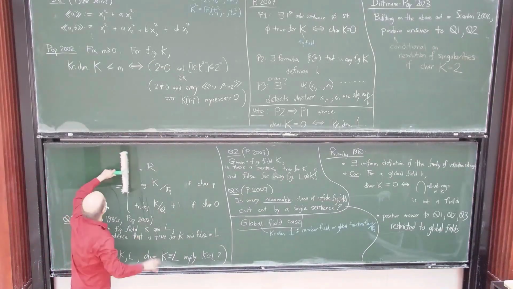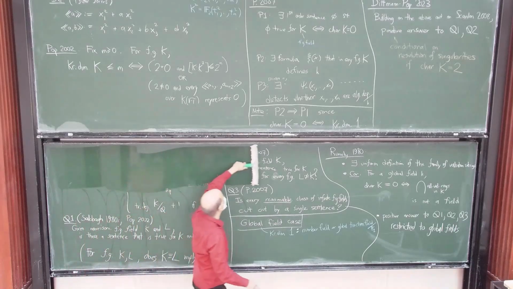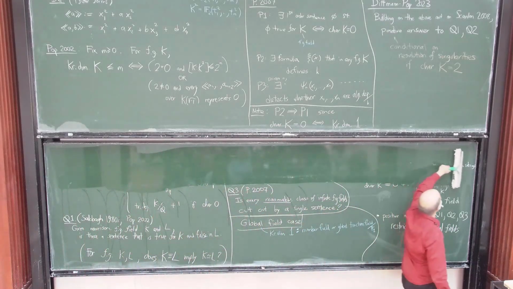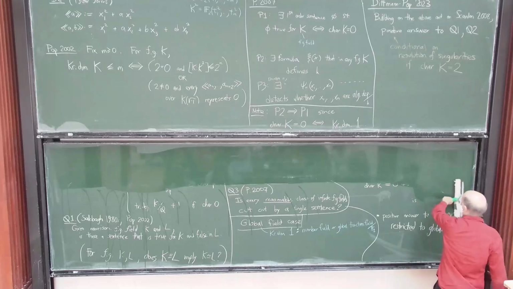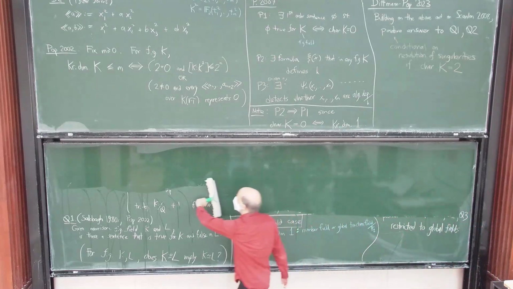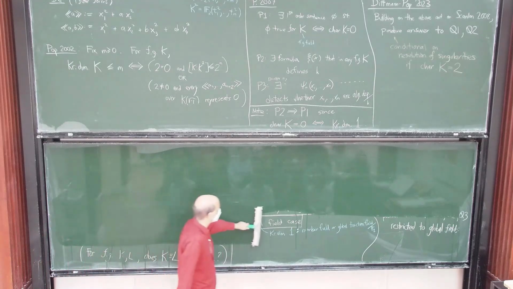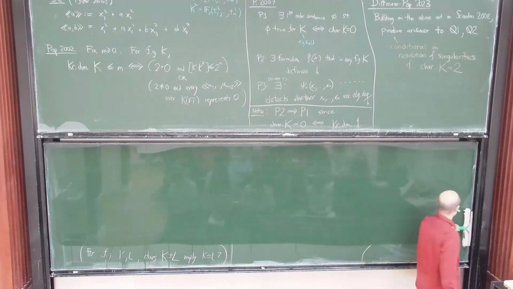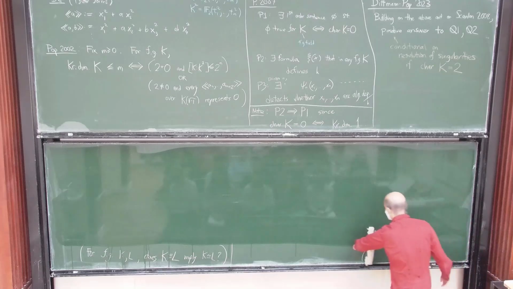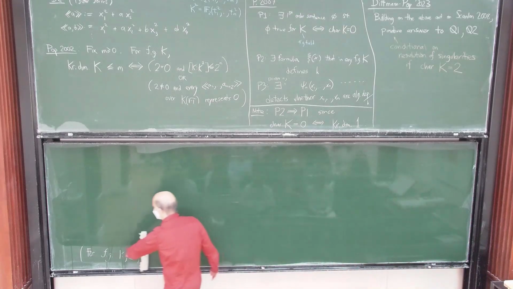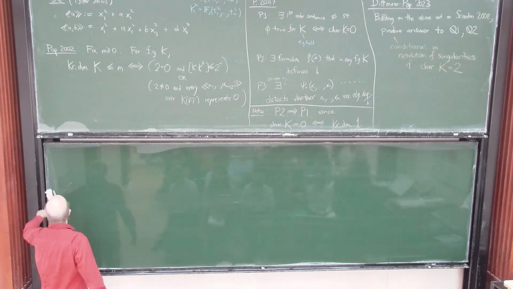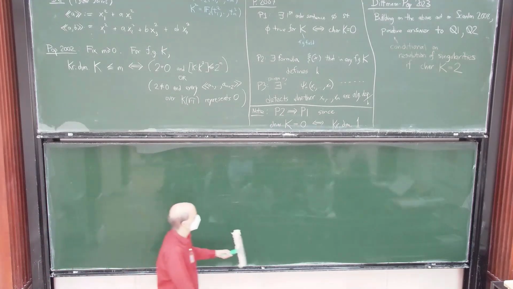So all this should be true. So the answer to question 2 should be yes. You should be able to single out any finitely generated field you want, distinguish it from all others with a single sentence.